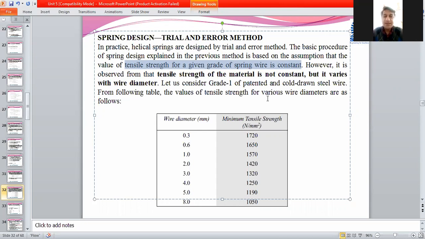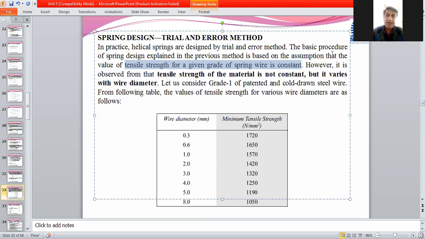That means the tensile test which we conduct for that particular material, we take as a base. Based on that, the tensile strength, compressive strength, and shear strength are calculated, and we take that as the basic thing for calculating the dimensions, or designing, of that spring.